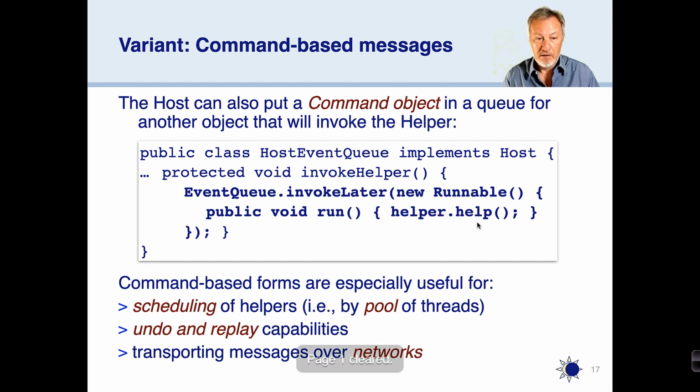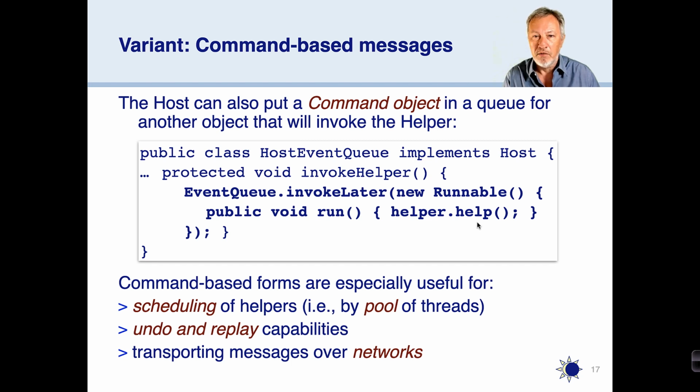This is typically useful for scheduling of helpers when we have a pool of threads. As I mentioned, we'll see a little bit later that there are standard libraries providing management of pools of threads. It's also interesting if you need to undo or replay commands. In this particular case, you would need a command that you can not only do, but also undo.